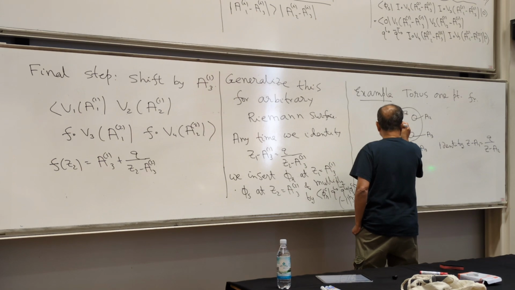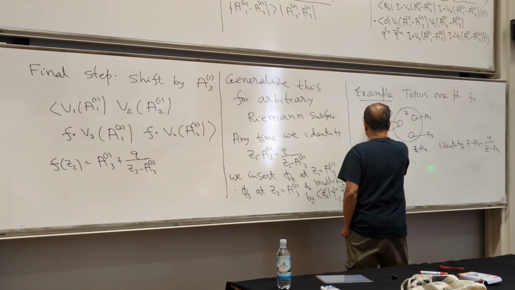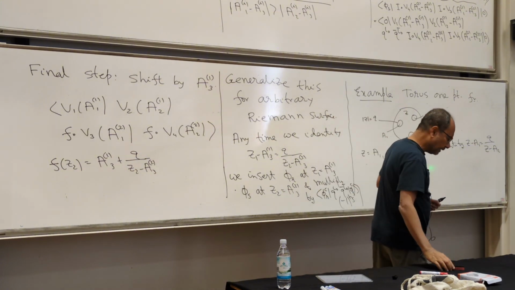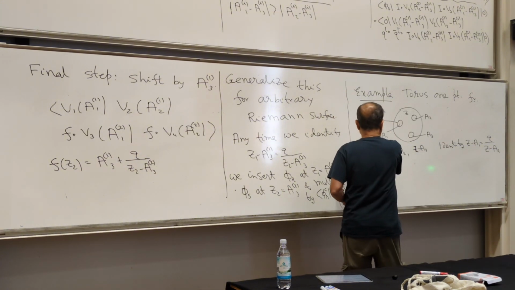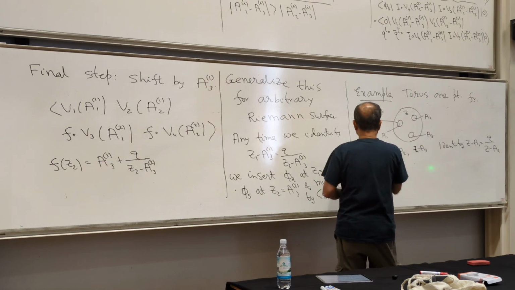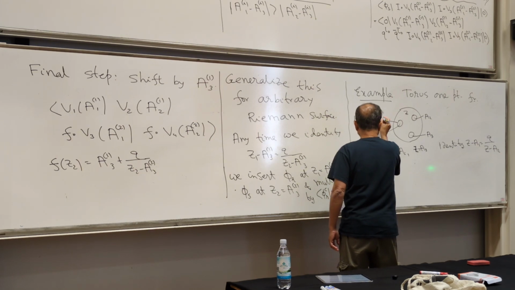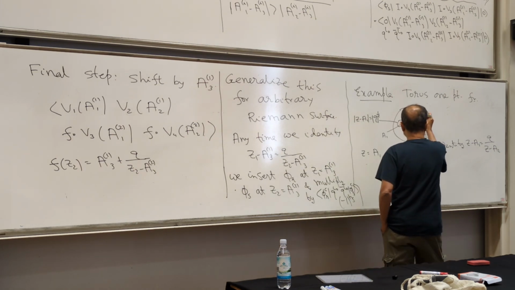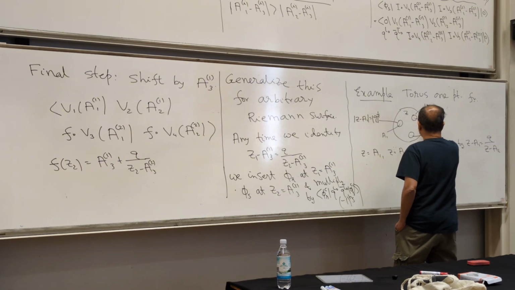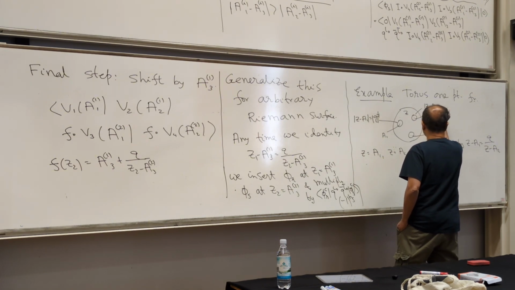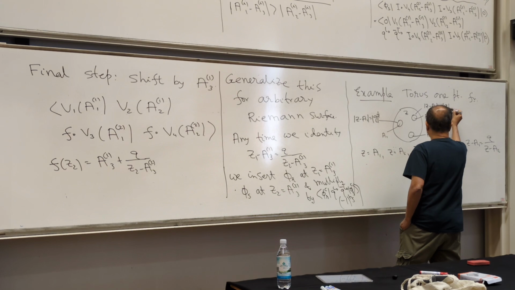Let's take this as mod z minus a1 equal to q to the half, and this is mod z minus a2 equal to mod q to the half.